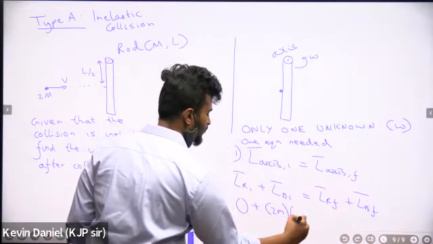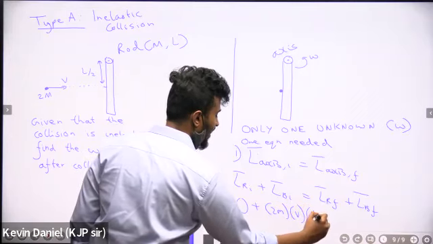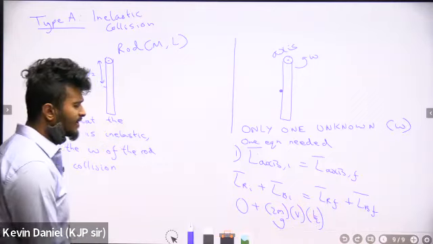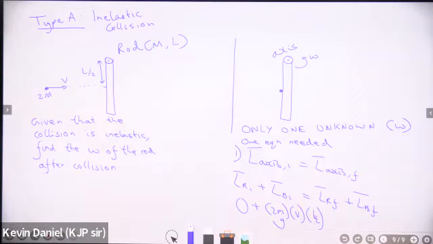2m into v into L by 2. In every conservation of angular momentum equation, keep track of the directions, clockwise or anti-clockwise. This is anti-clockwise. It's like the formula mv r perpendicular, r cross mv.